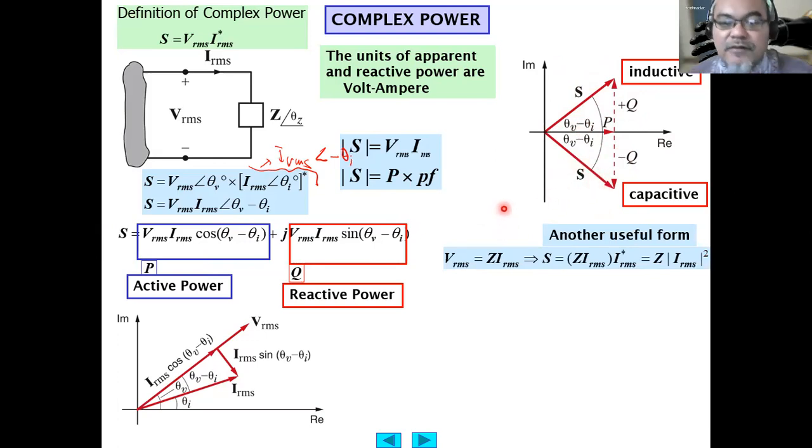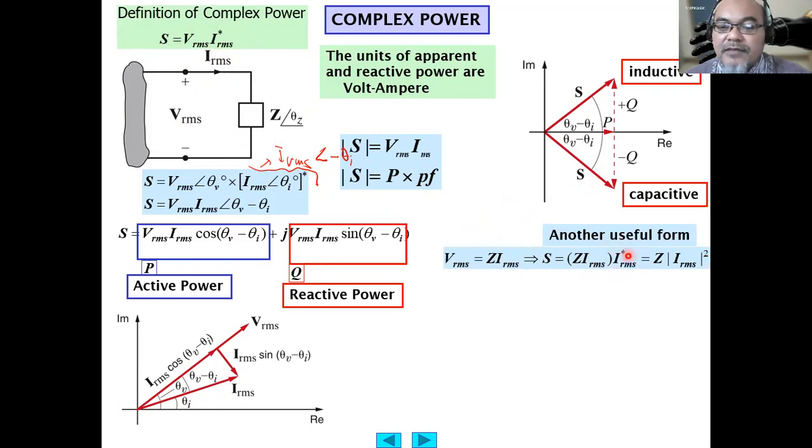Okay, another usual form here is that voltage RMS equals Z multiplied by IRMS. Then the complex power S will be equal to the voltage RMS, which comes from Ohm's law, Z impedance times the IRMS, multiplied by the conjugate of the IRMS.